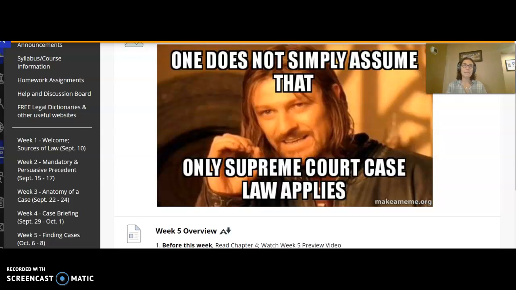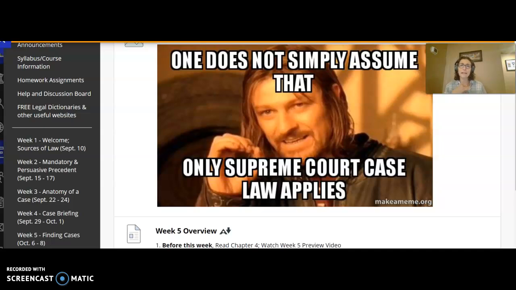It does not mean that you cannot find these cases elsewhere. Certainly with the internet, you can find court cases published in many sources, but it's really important that we understand how West Publishing organizes the publishing of cases in the book system. And then, of course, now we find them online. And that's also something that I'll mention in class.